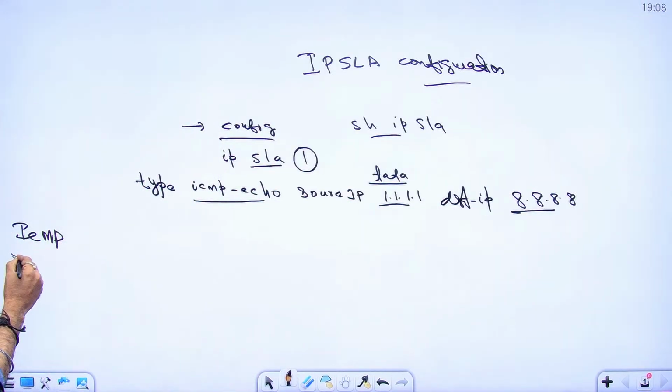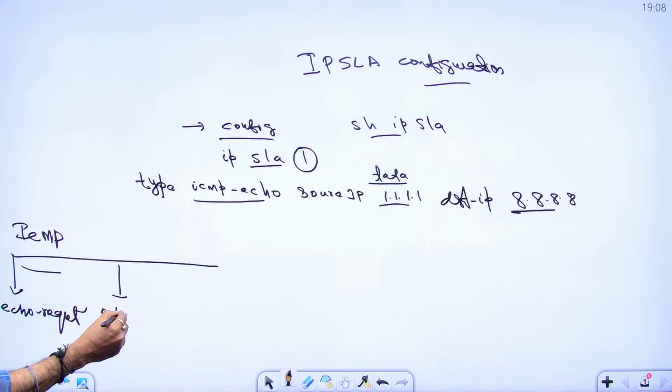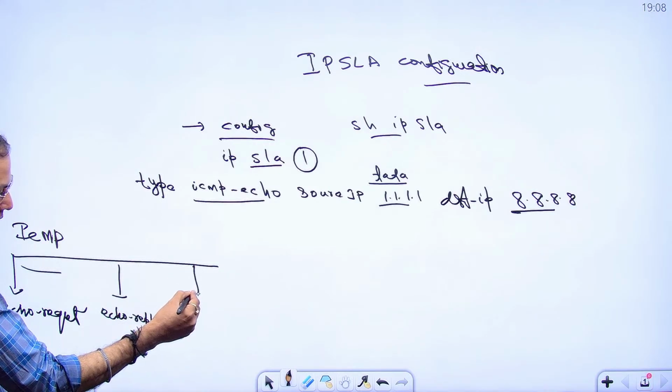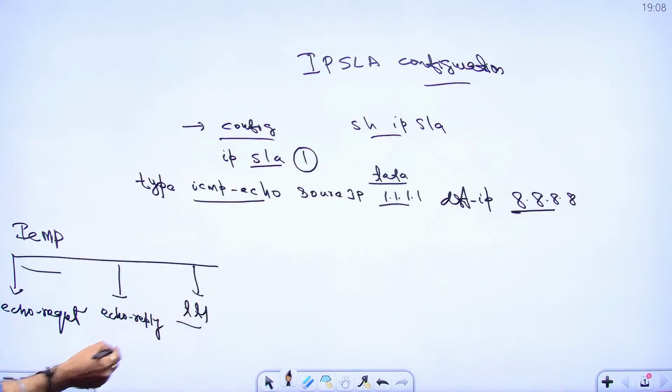If you know ICMP, there are multiple types of ICMP. For example, echo request, echo reply, TTL exceeded. The multiple types of requests are there in ICMP.